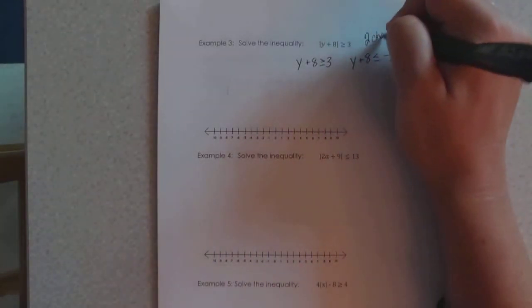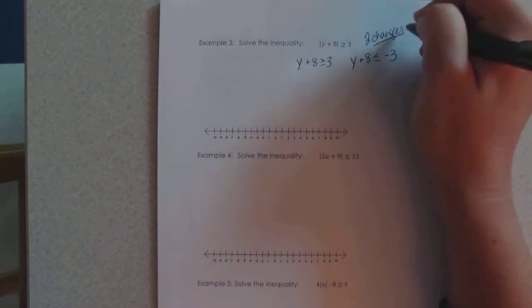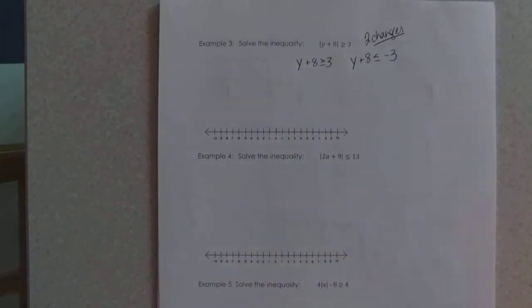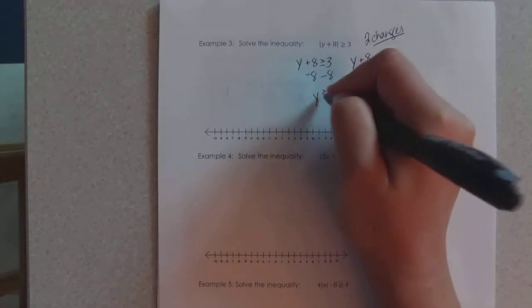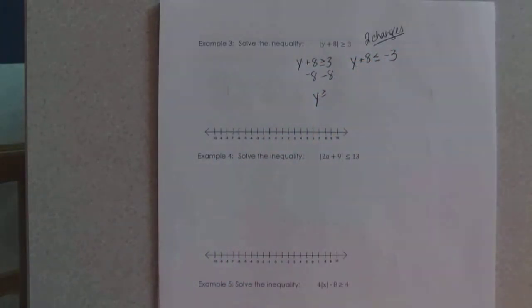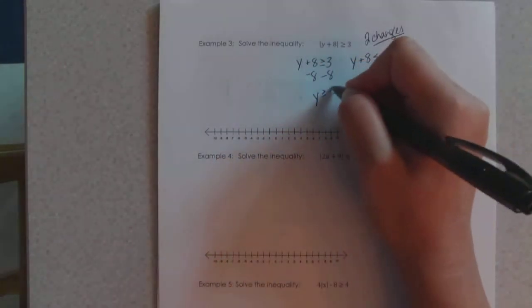We have to add a negative. Okay? Those are the two changes that you have to make when you're getting rid of absolute value bars in an inequality. Now, once you do this process, you just solve your inequality and you graph your answer.